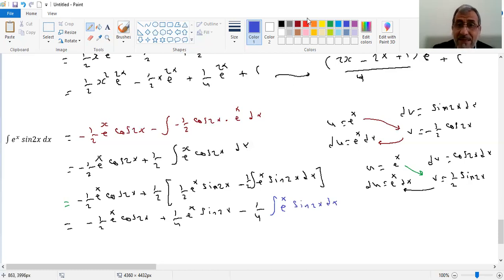And see, this integral is the same as the first one.